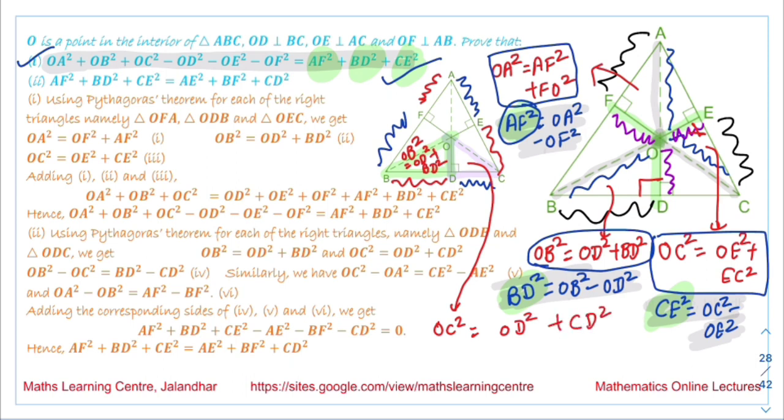These values are mentioned over here. Corresponding to the triangle ODB we have this term, and corresponding to the triangle ODC we will get this expression.